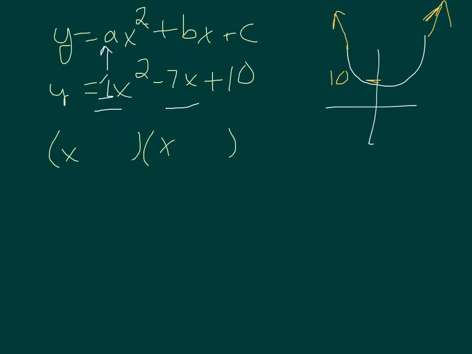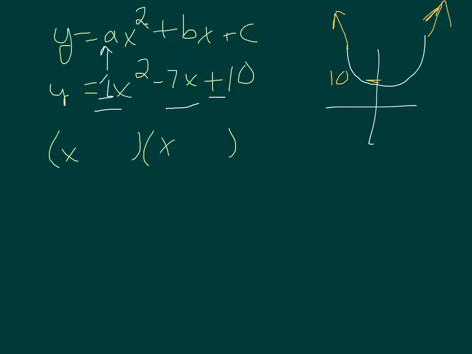Now, looking at this positive 10, in order to get a positive number, I have to multiply 2 positive numbers or 2 negative numbers. Then you look at that second number, negative 7. The fact that you have a negative 7 in the middle means that I need negative numbers multiplied by each other.